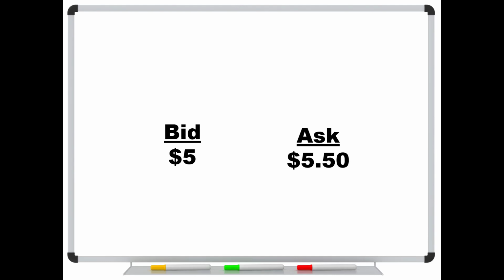So once you understand the difference between a true limit order versus a marketable limit order, now it should make more sense whether you're adding or removing liquidity. So if you have your buy orders below the current bid, you're buying away from the current market, you are adding liquidity and you're going to receive rebates. If you are placing sell orders above the current market, you are also adding to liquidity.